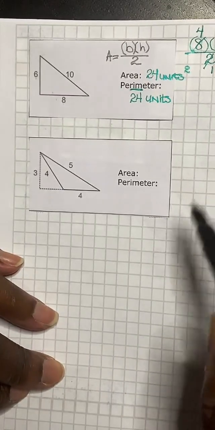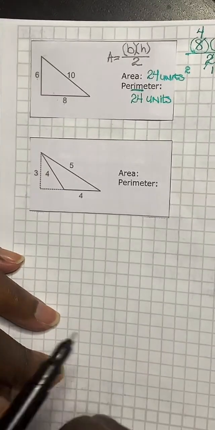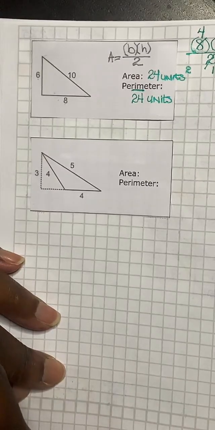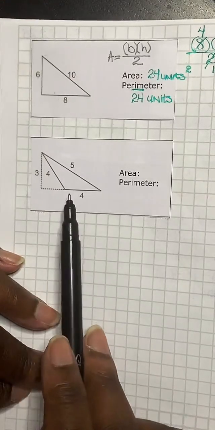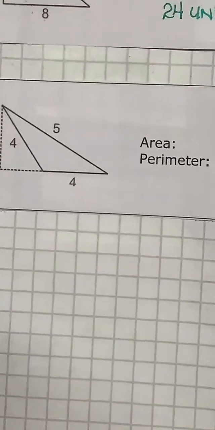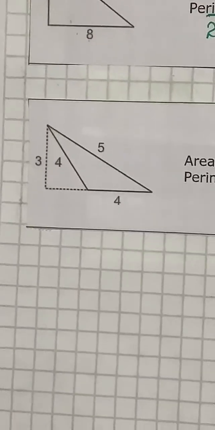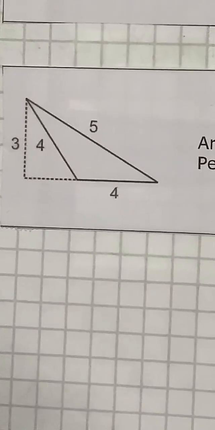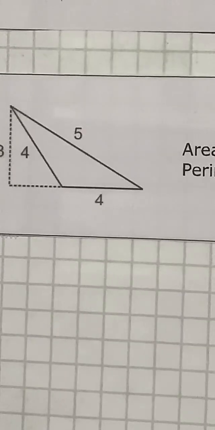Anywho, so we need area and perimeter. Okay. Don't let this trip you up. Okay, let me zoom in a little bit more because then you'll be able to see some of the nuances of the triangle.